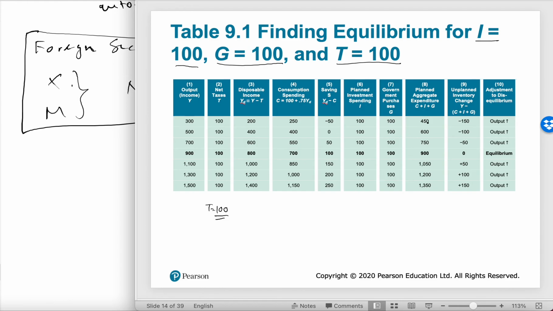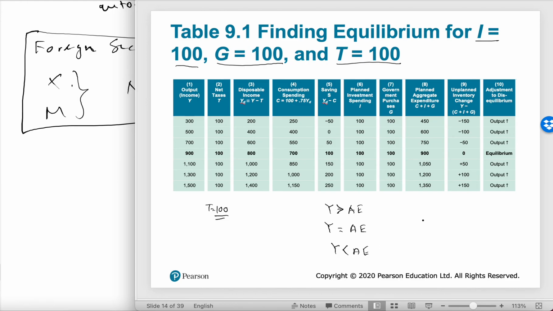And for planned aggregate expenditure, there are three possibilities: Y is equal to aggregate expenditure, Y is bigger than aggregate expenditure, or Y is smaller than aggregate expenditure.